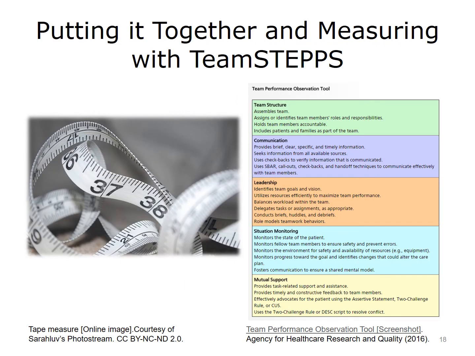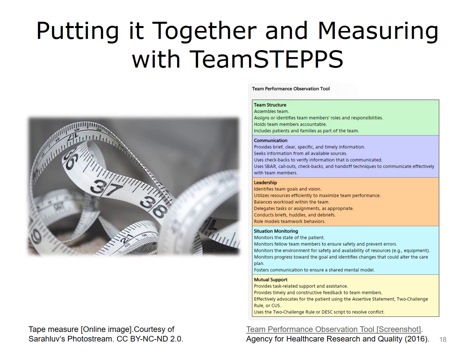The final aspect of TeamSTEPPS to discuss is a team observation tool that can be used to get a quantified assessment of the team's performance. This is difficult to view here, but in essence, it offers a few elements that align with each of the 5 circles that we have spent the last 17 slides discussing.